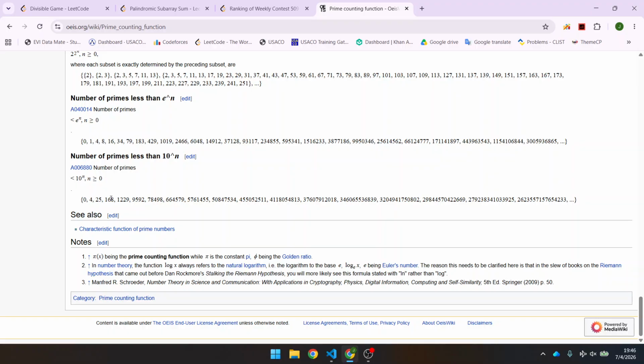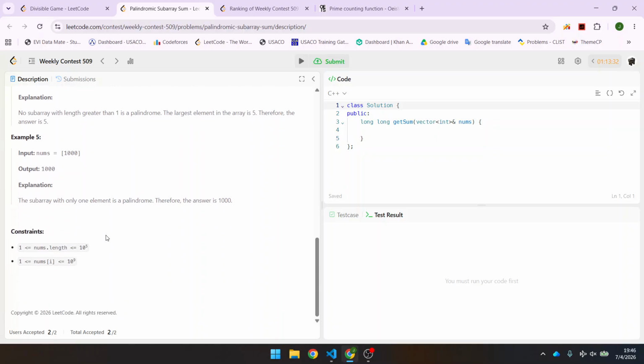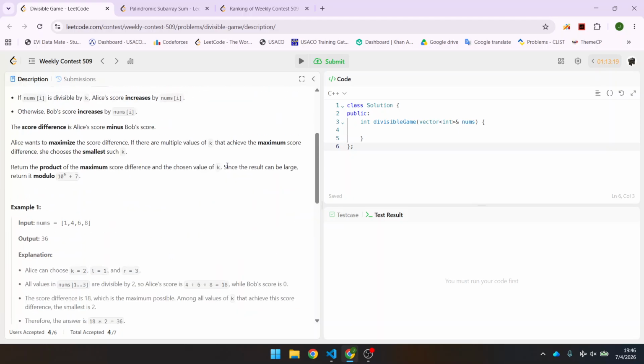So about 1e5. I'll just use 1e5. 10 to the 5, we can't multiply 10 to the 5. Oh, wait, 10 to the 5 times 10 to the 3. But we add another log factor, so I don't think that'll work.